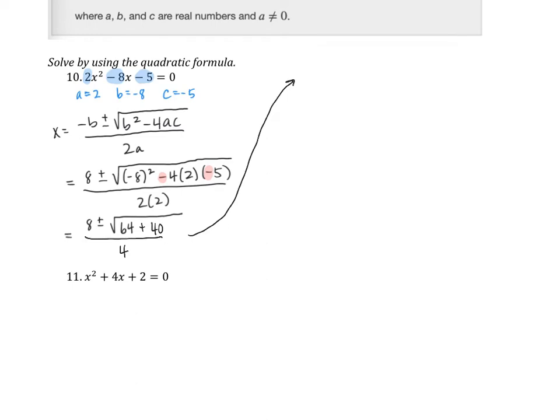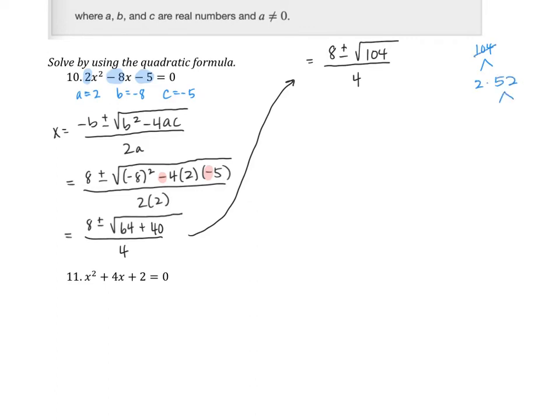Okay, I'm going to keep on simplifying as much as possible. So 8 plus or minus the square root. 64 plus 40 is 104 over 4. And now I need to see if I can reduce that 104 or simplify. So if I do the prime factor tree, I can divide it by 2, and then I would get 52.